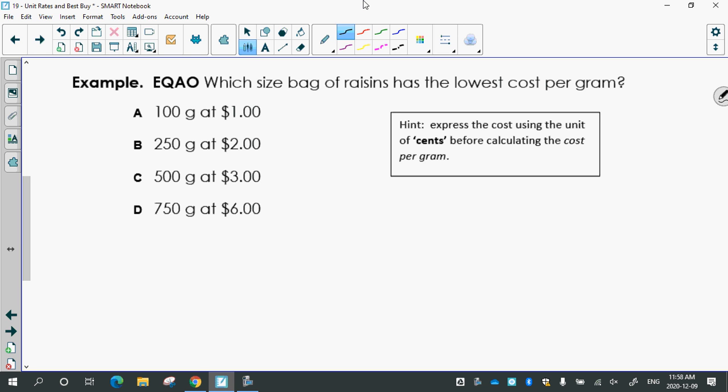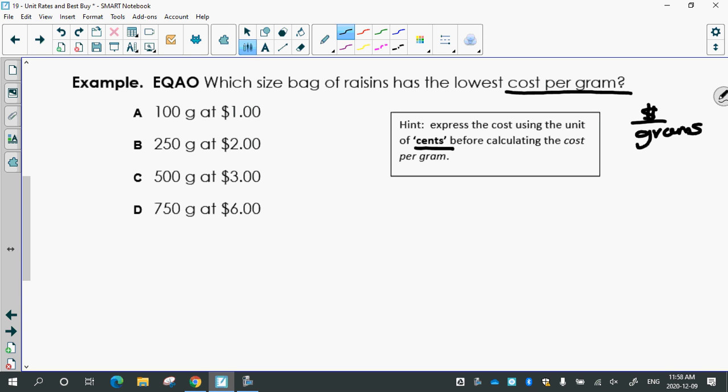Cost per gram is telling you dollars divided by grams, right in the question. And then your hint is express the cost using cents before you divide, okay? And their little trick is they give you the grams first, even though you have to know in your mind that money goes on top, okay?